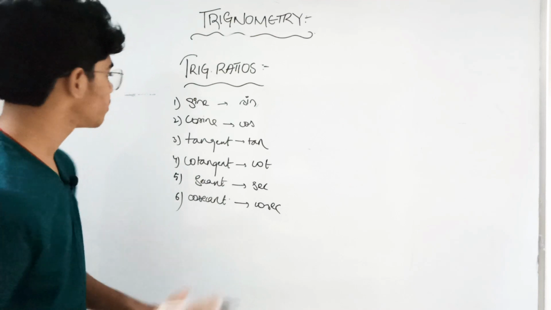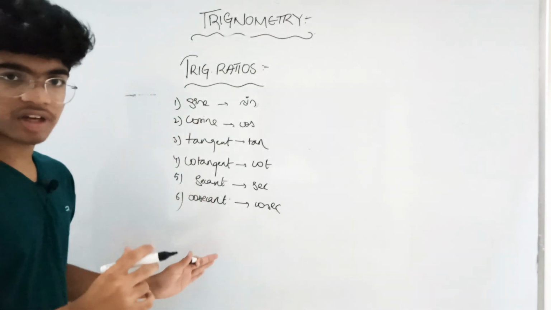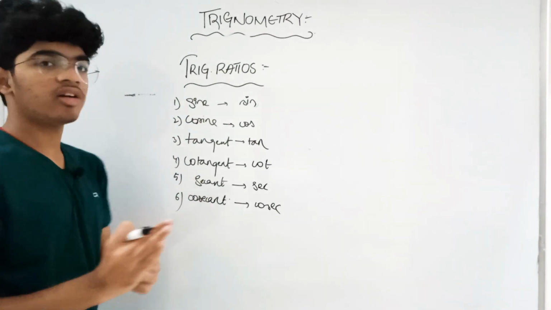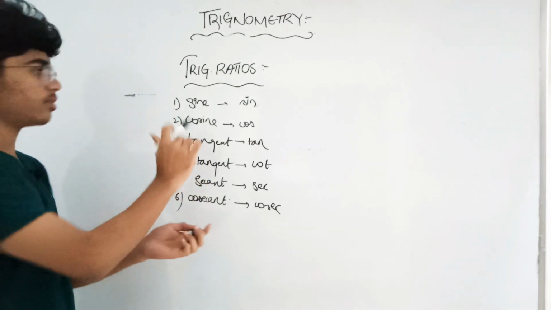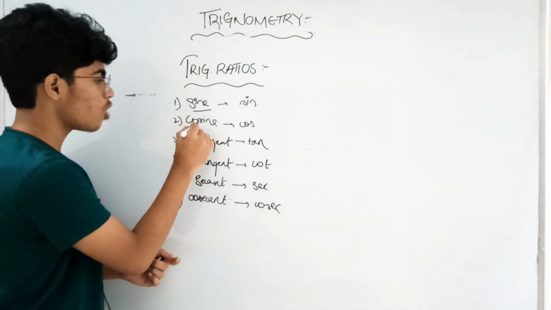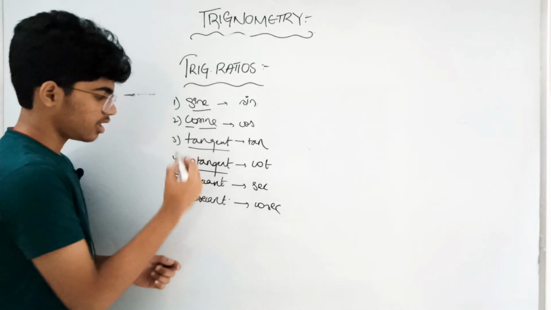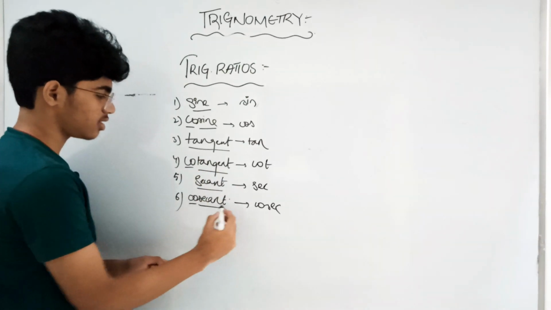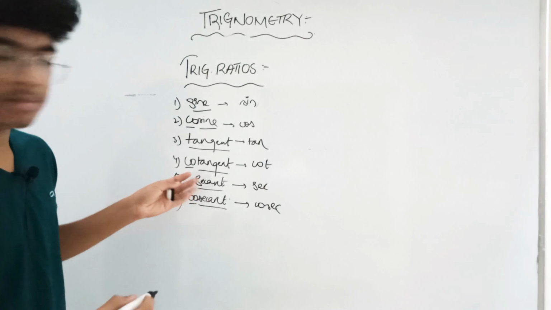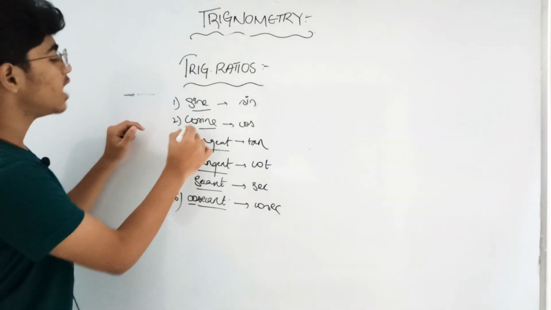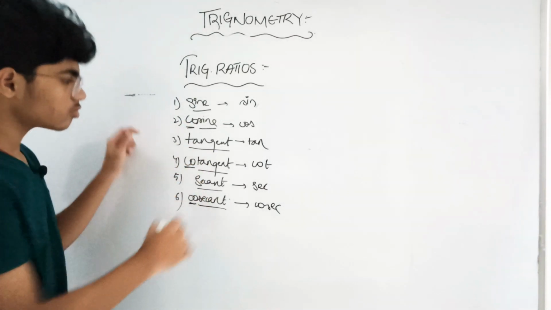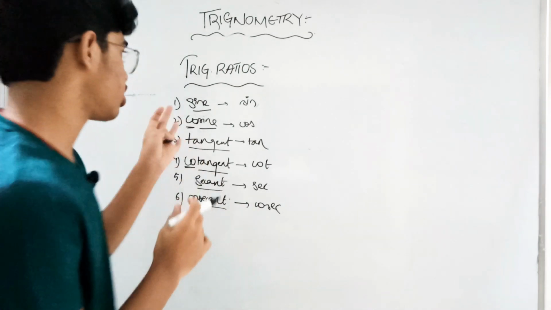So if you observe, out of the 6 trigonometric ratios, 3 are just the same as the other 3. This is sine, and this is co plus sine. This is tangent, this is co plus tangent. This is secant, this is co plus secant. The other 3 are nothing but the same with an extra co. That's it for the trigonometric ratios.